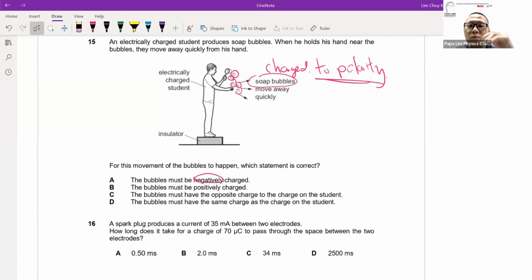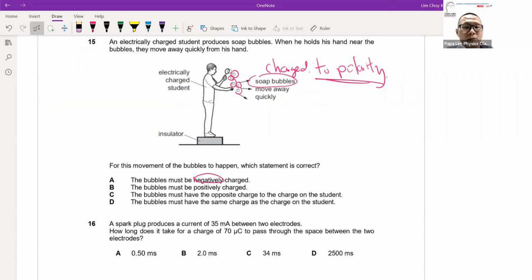Why do I want to charge them to the same polarity? Because when they are all the same charge, the bubbles will repel each other. Like charges repel. And when I repel them, the bubble or the spray paint or the fertilizer can spread to a bigger distance. I can cover a bigger area.